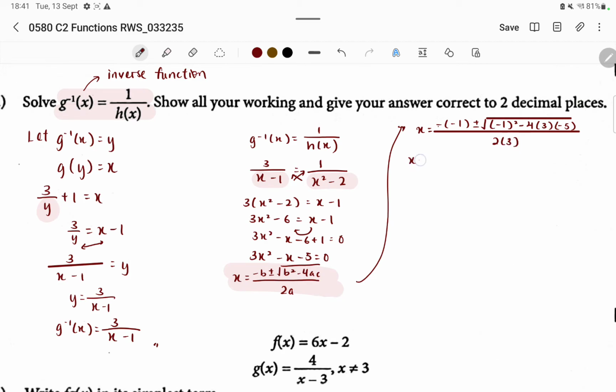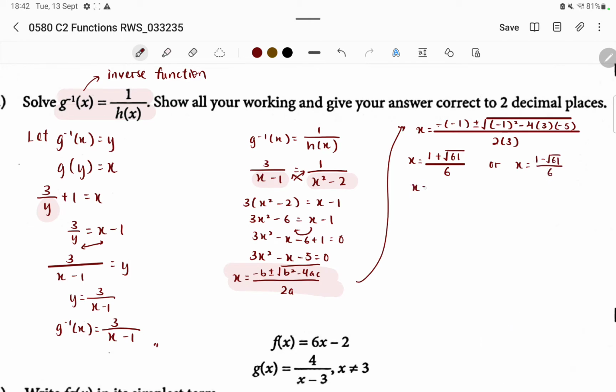So x equals 1 plus, negative 1 squared is 1, and then minus becomes plus, so 20 times 3, 60. So this one is square root of 61, over 6, or x equals 1 minus square root of 61 over 6.